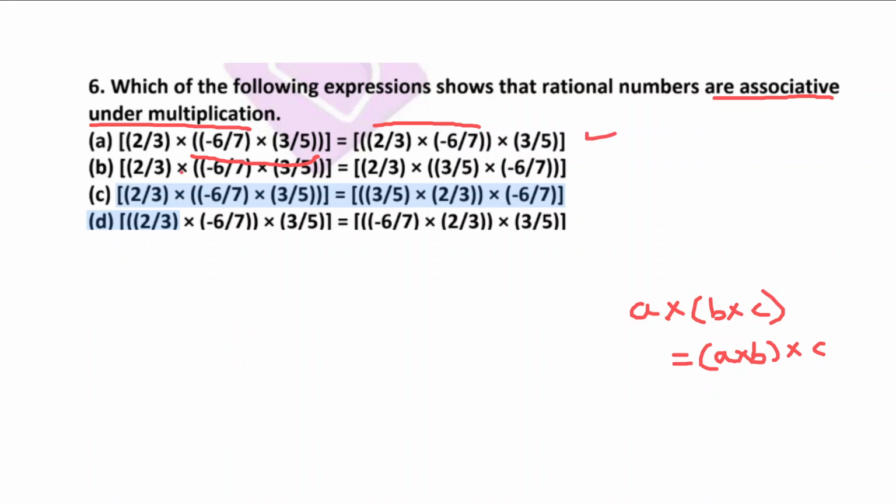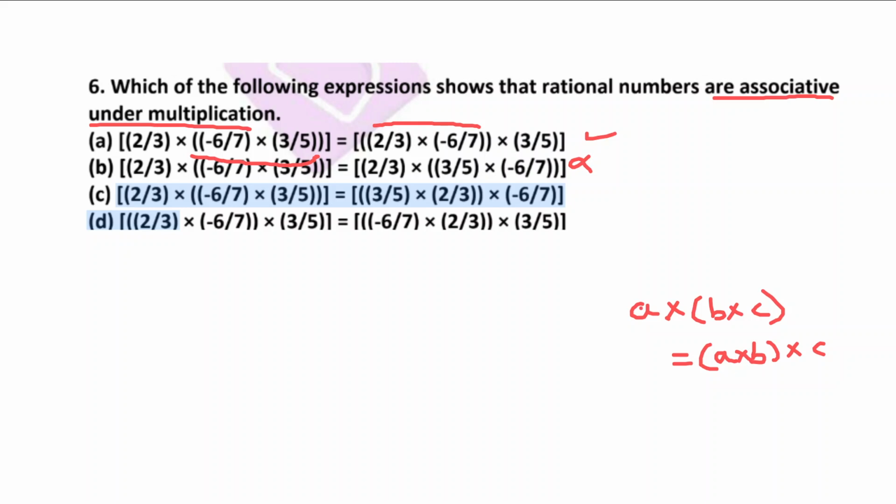The second one, if you see, what are they doing? A into minus 6 by 7 into, they are just reversing the last operand. So this is not correct. This is not talking about associative under multiplication.